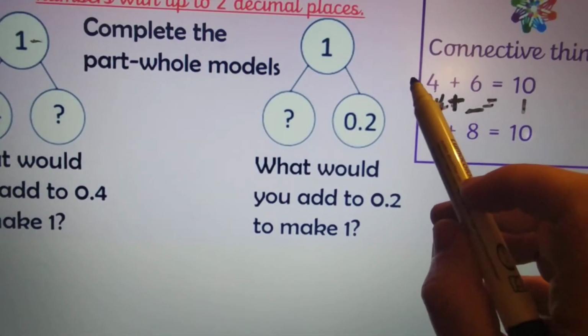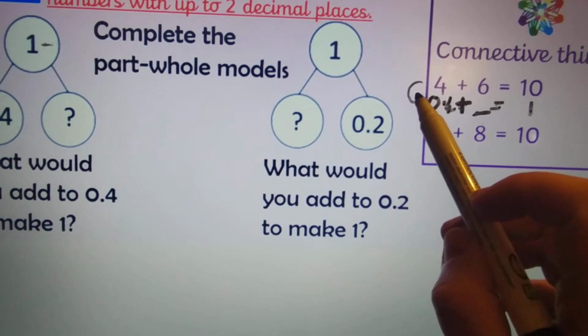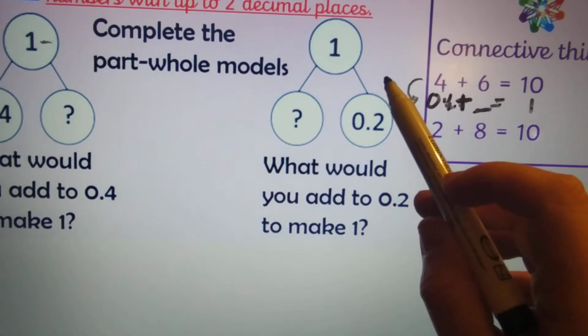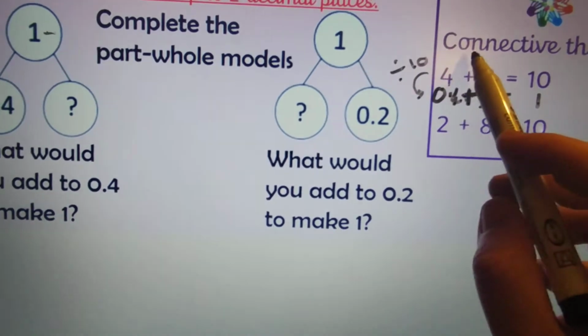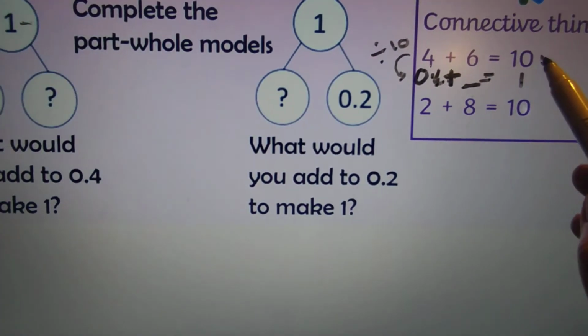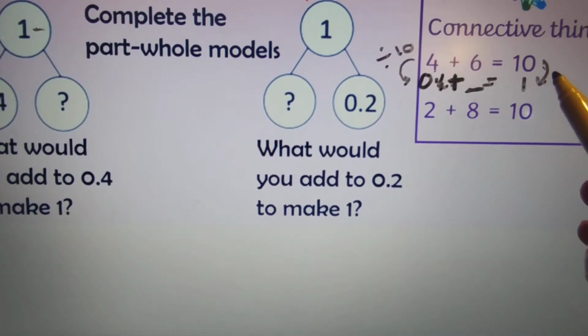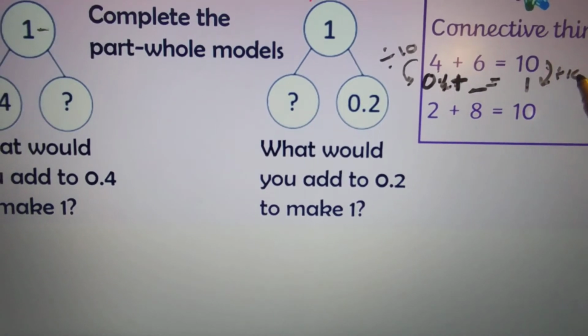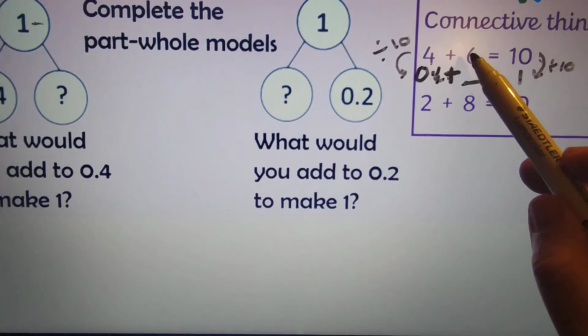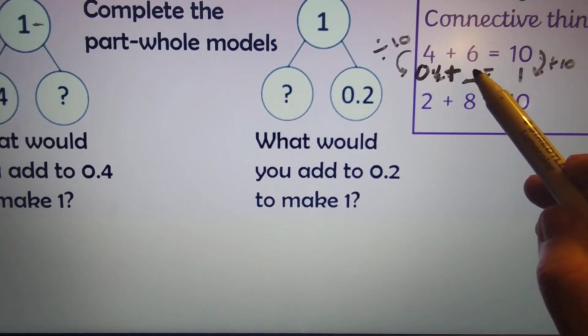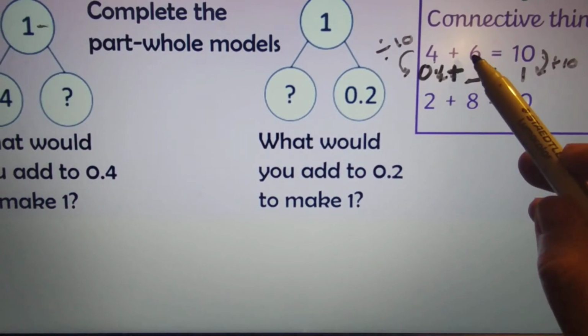So between 4 and 0.4, you might be able to recognise that we've actually divided by 10. Between 10 and 1, we've divided by 10 again. 10 divided by 10 is 1. So on this bit here, if we divide the 6 by 10, we'll have our missing number.